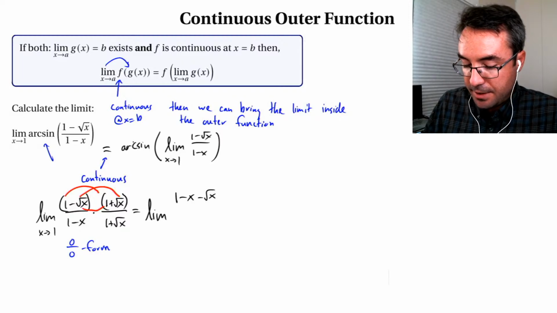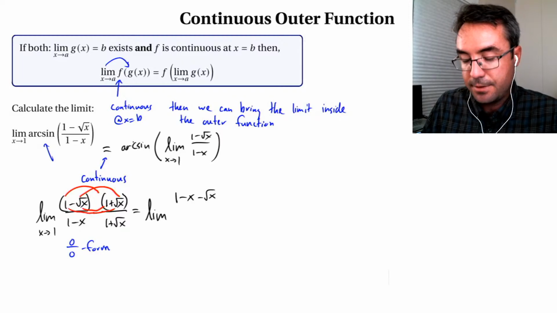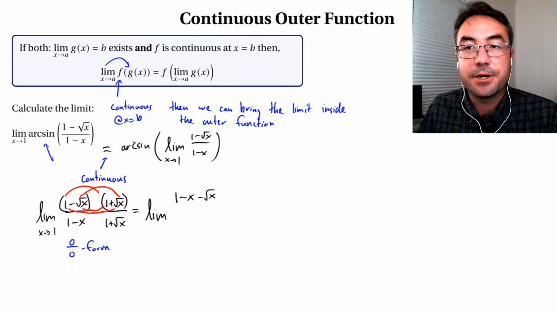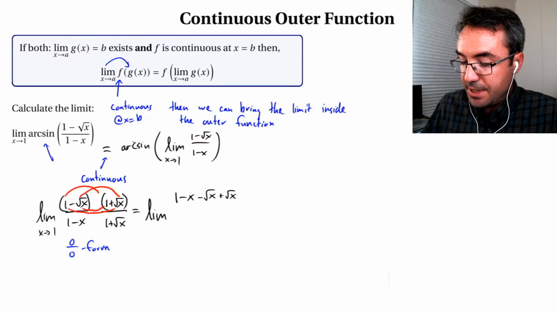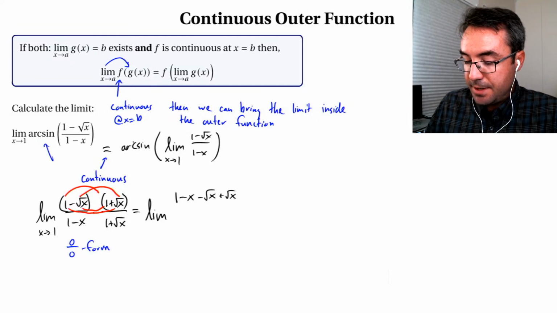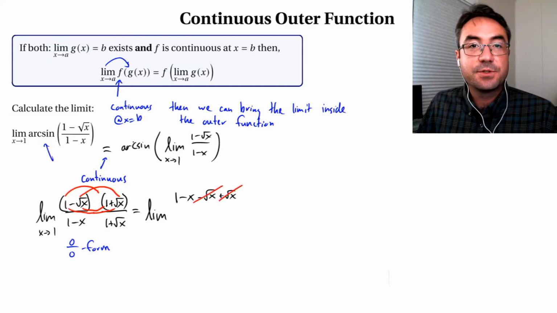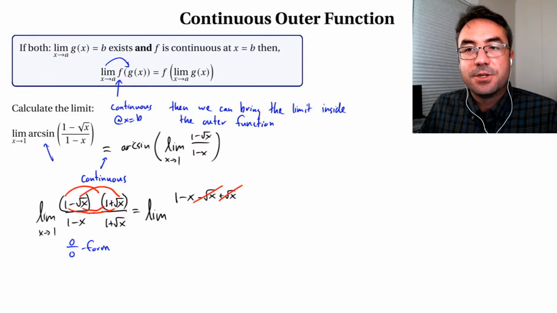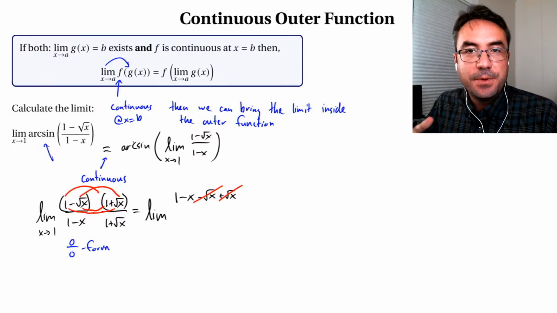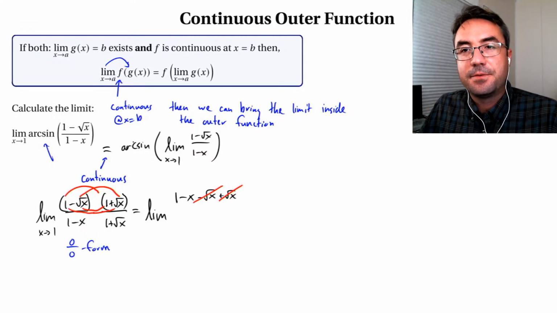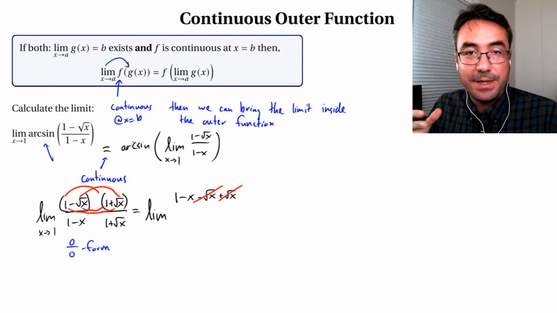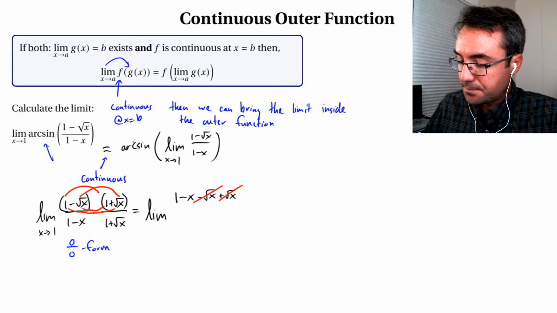And then we multiply the outer terms together, and we get positive square root x. So what we're seeing is the negative square root and the positive square root cancel out. That happens a lot when we do this conjugate method where we have square roots. We get a lot of canceling.